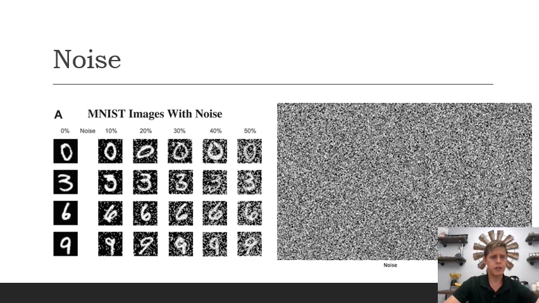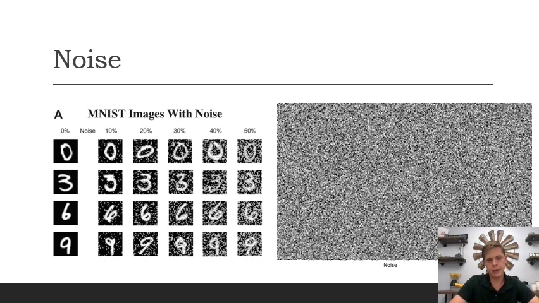This is an example of a machine trying to interpret handwriting. This would be a zero noise situation: 0, 3, 6, 9. And then these are those same numbers, but with varying levels of noise in the background. Different drawings of the zeros, of course, with different levels of noise.